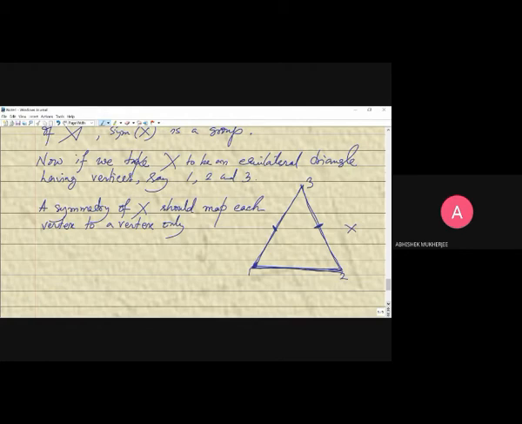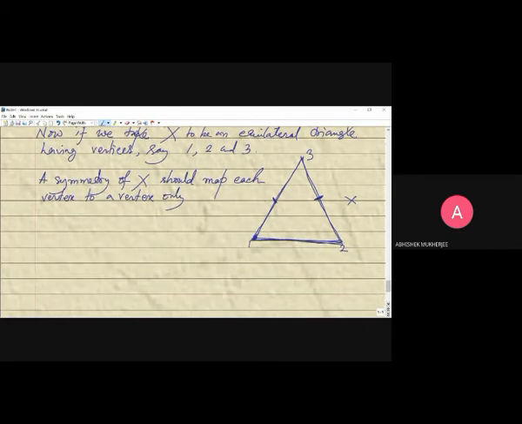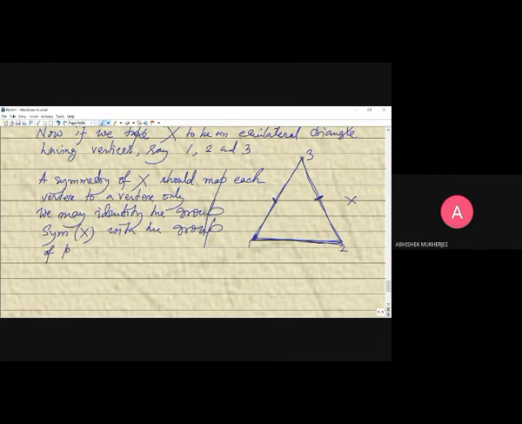Okay, and this observation tells you that we may identify the group Sim X with the group of permutations of the three element set of vertices, that is 1, 2, 3, right?